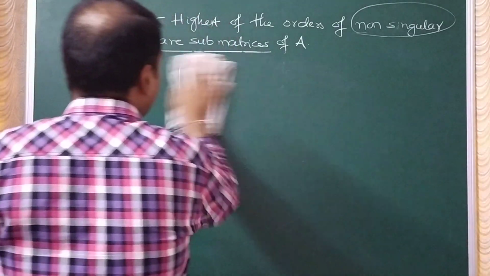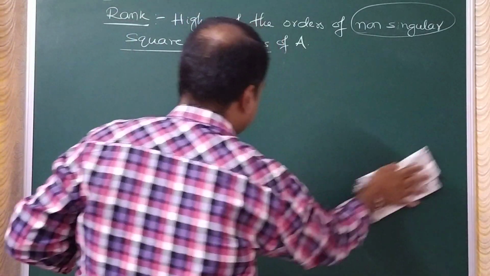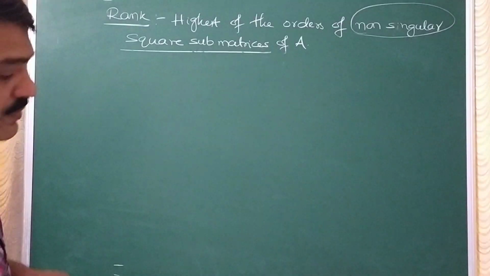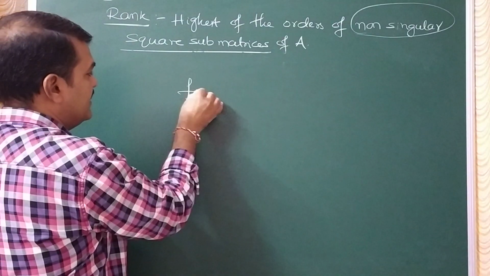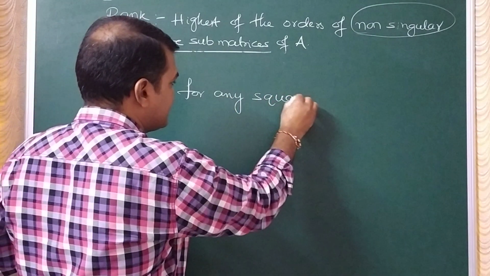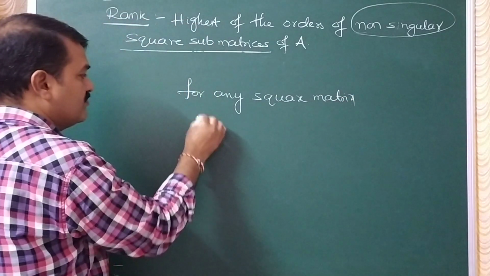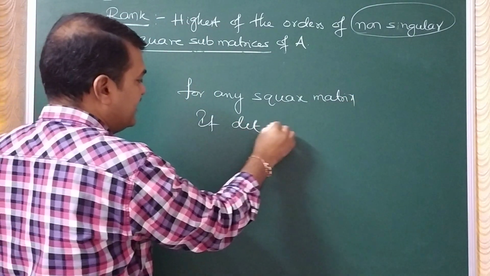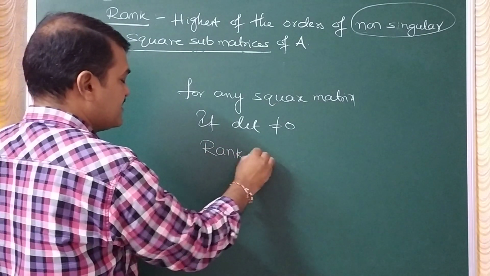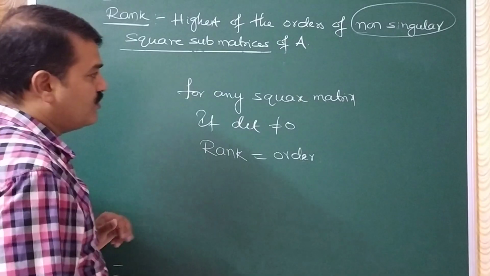So let me give you a simple example. And before that, a simple point you should remember: for any square matrix, if determinant is not equal to 0, rank is equal to its order. Why?